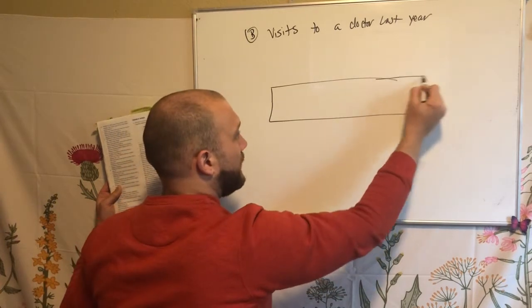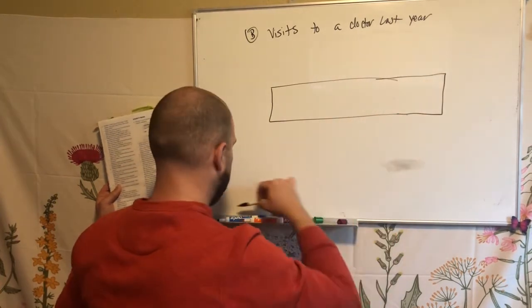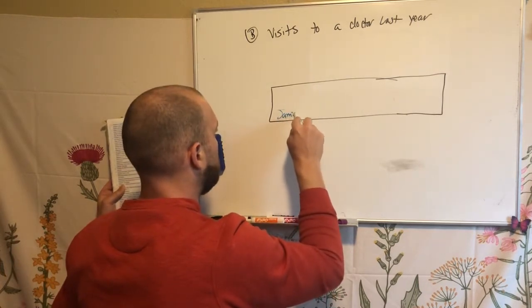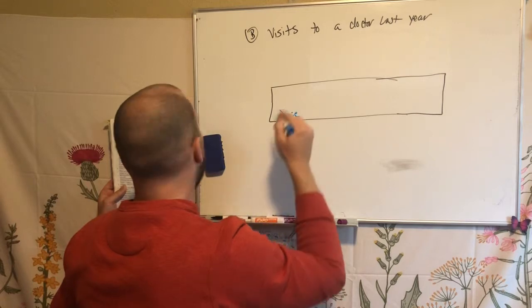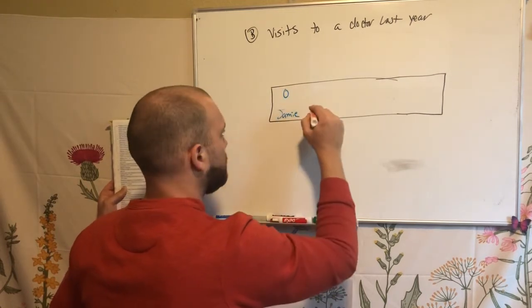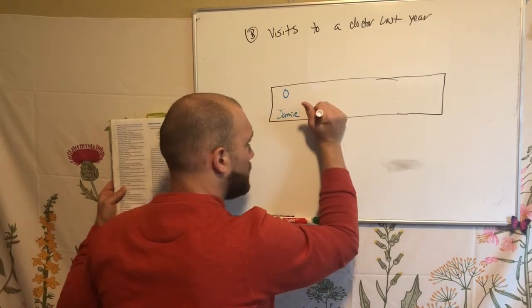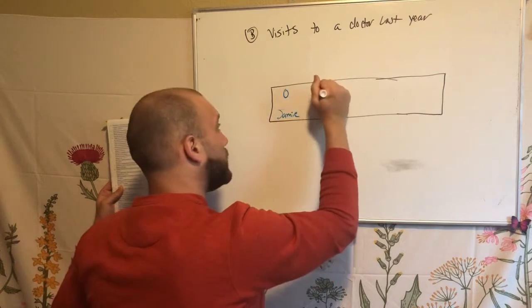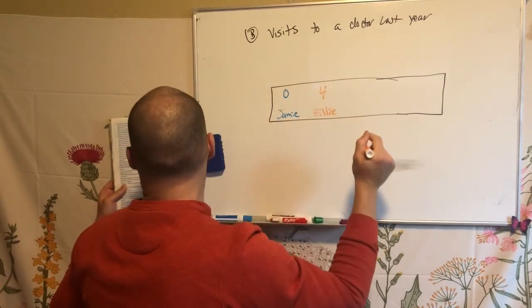We have 5 different people. Again, we have Jamie, who went 0 times. We have Billy, who went 4 times. Billy was not feeling well.